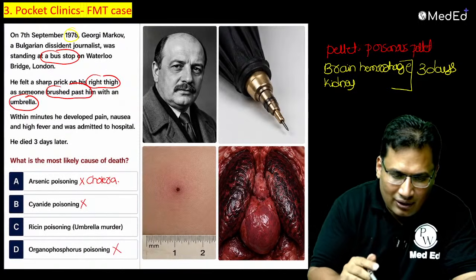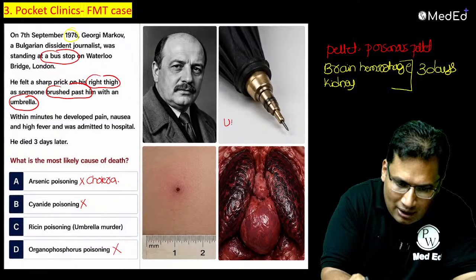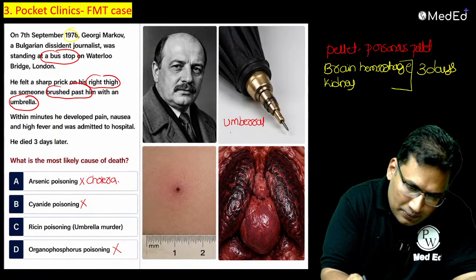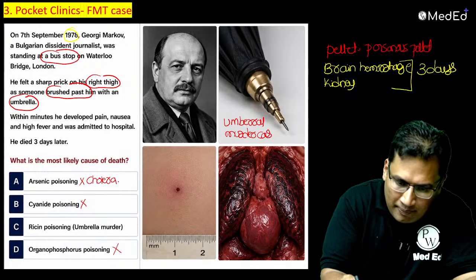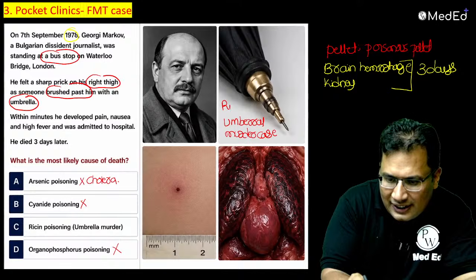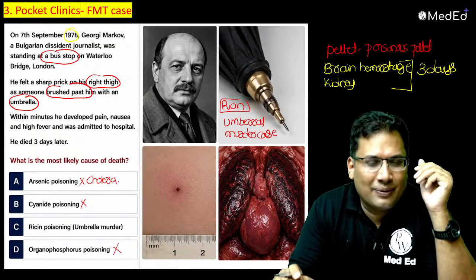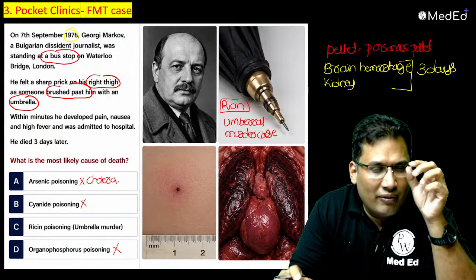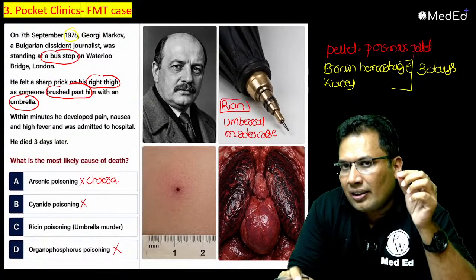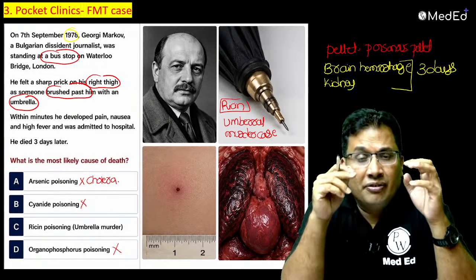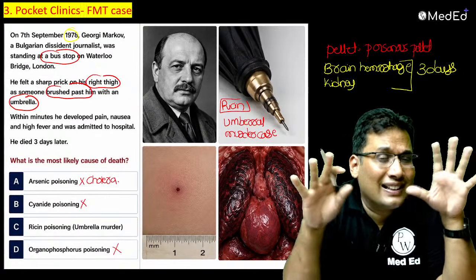Good answer. All of you write in the chat box, umbrella murder case. The poison used was ricin. The ricin is basically present in castor seeds. When this castor seed content enters the skin, it is an organic irritant which causes anaphylaxis at all the sites.